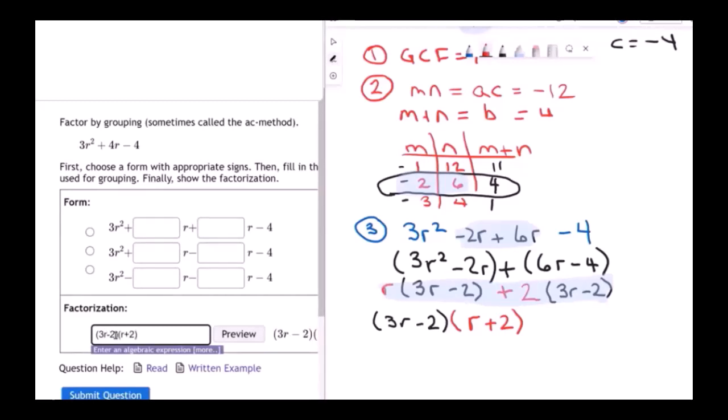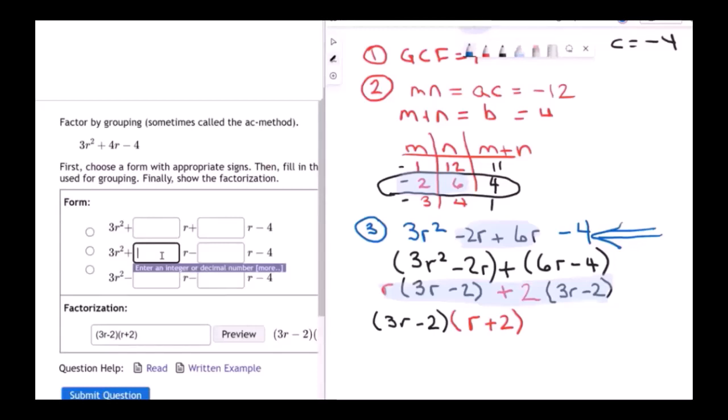Notice it's a little different. I have to break it down into factor by grouping. But up here, they're looking for this. The top is plus plus. I have plus minus. The middle is plus minus.